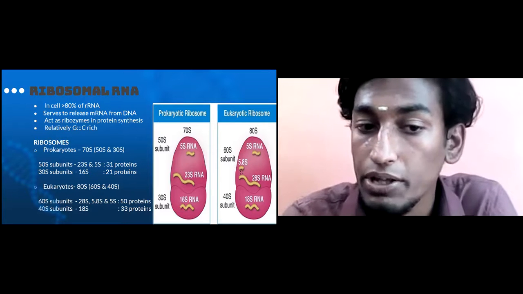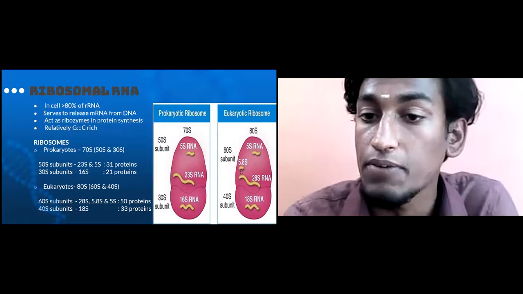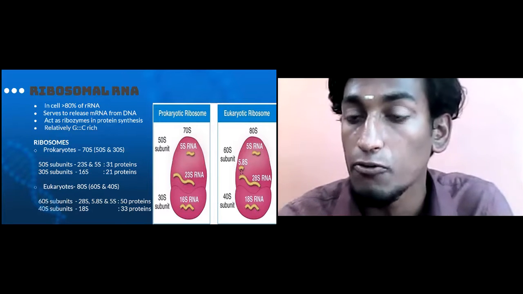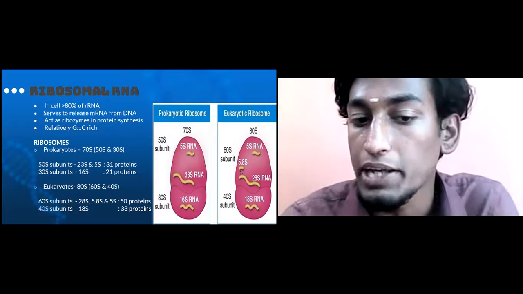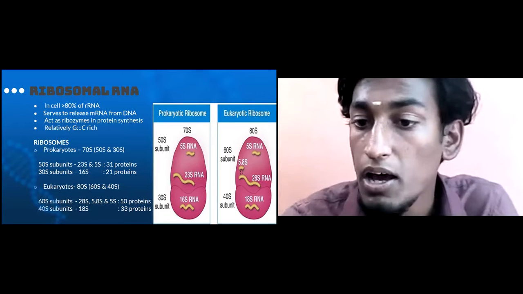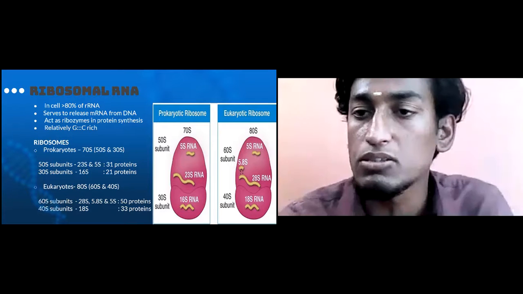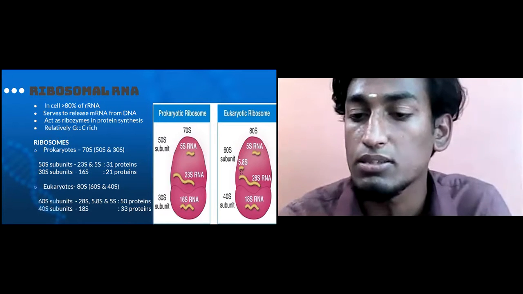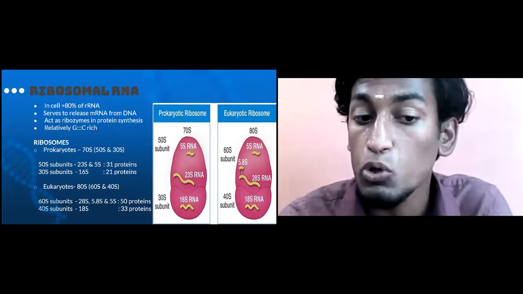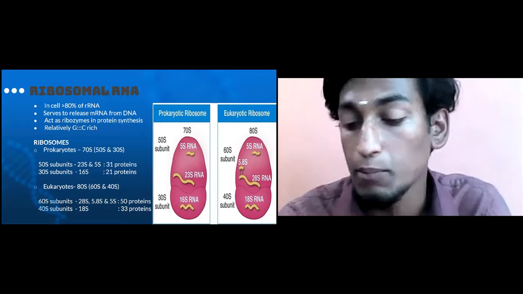And this is the eukaryotic ribosome, which is an 80S structure, divided into a 60S and a 40S subunit. The 60S subunit consists of 28S, 5.8S, and 5S, which consist of 50 proteins. And the 40S consists of 18S and 13 proteins. This 18S is a subdivision of the ribosomal RNA of the eukaryotic 40S subunit.